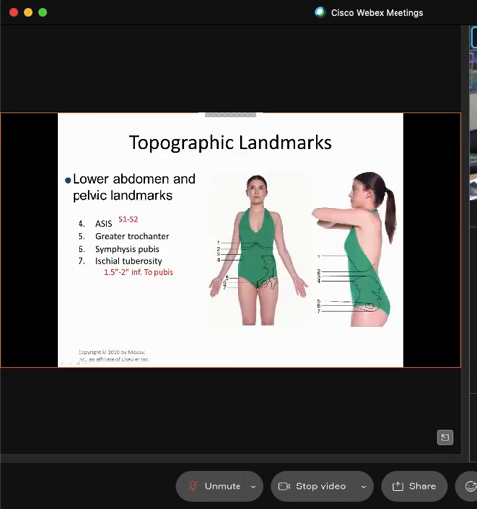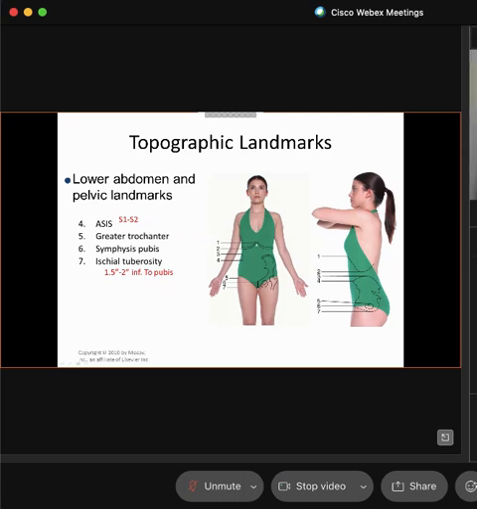So if we go back over this page in your chapter 3, you would know the lower abdomen and pelvic landmarks. T1 takes the shape of the what? Carina. That's not carina. Carina is going to be up here.